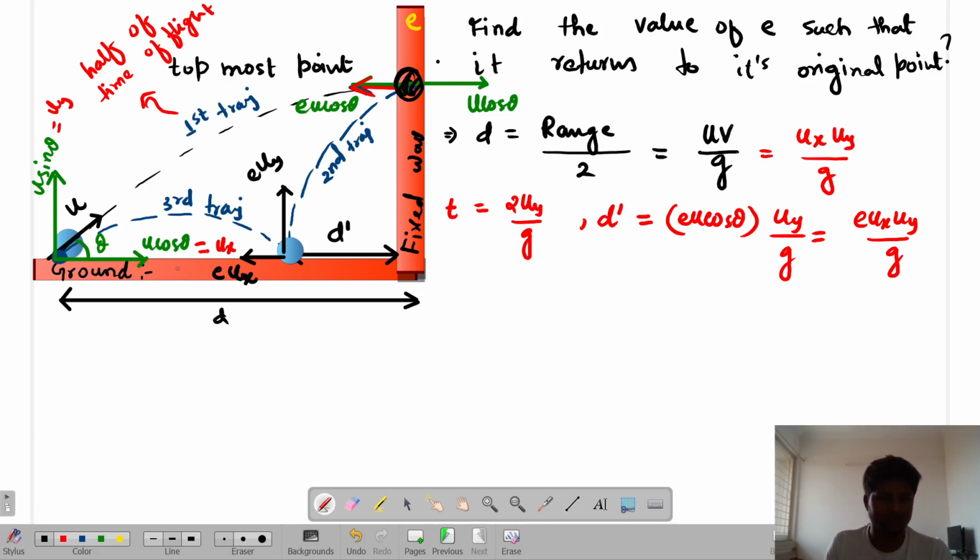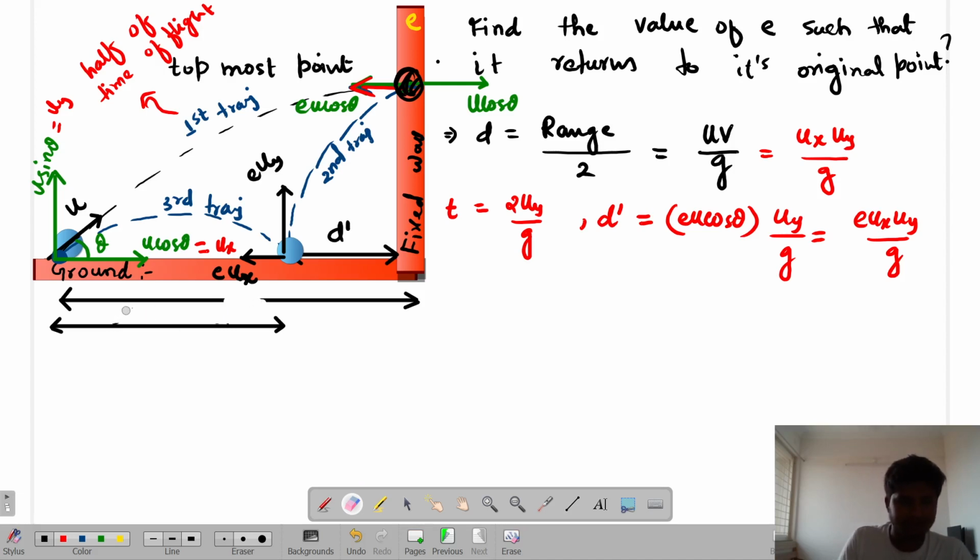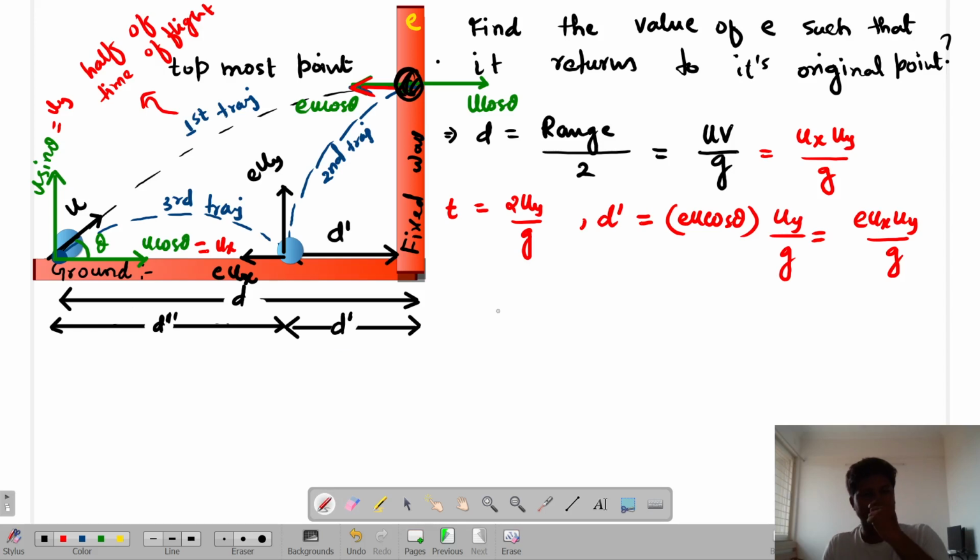So I'll write this distance as D double dash. This is D, this is D double dash, and this was D dash. Okay, so D double dash is going to be how much?